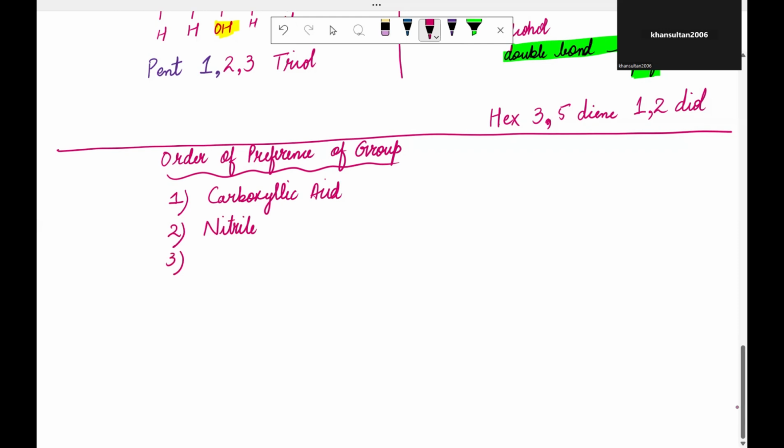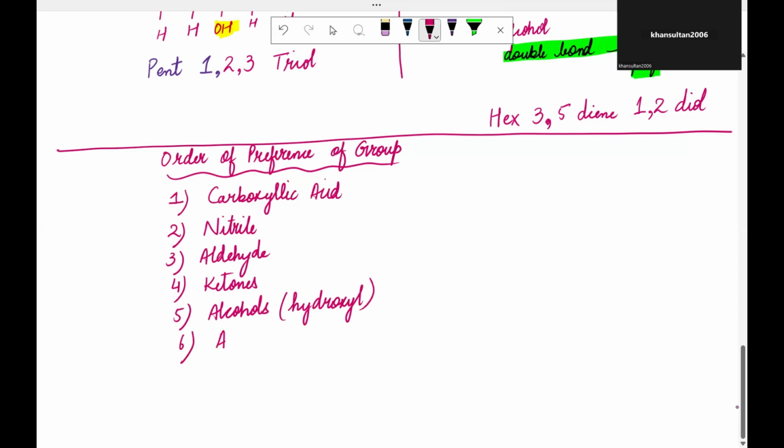Then we have aldehyde. Then we have ketones. Then we have alcohols, hydroxyl. Then we have amines, which are called amino. Then we have the double bond. So you have seen that the double bond is given the least preference among all of them. Okay.